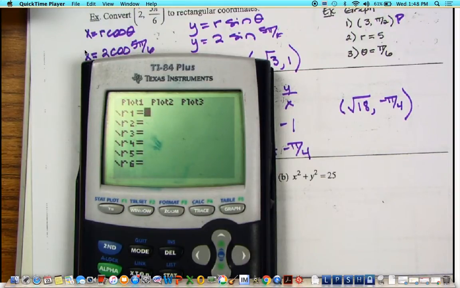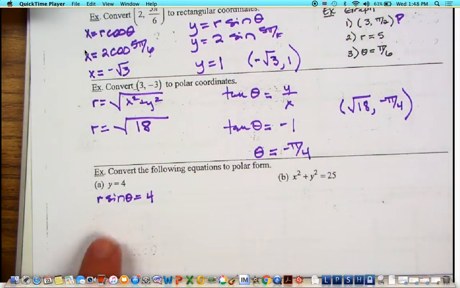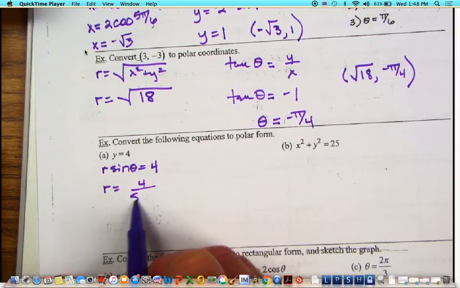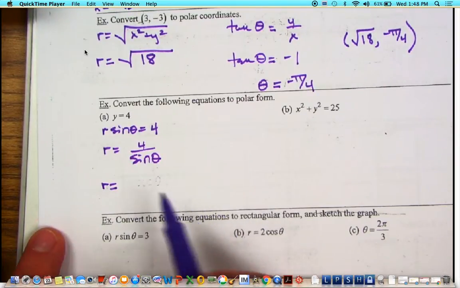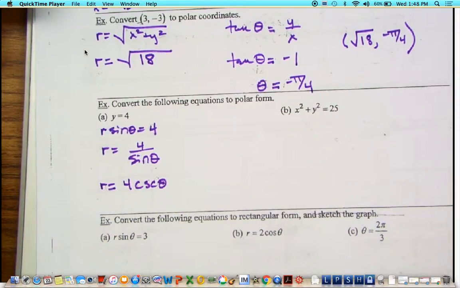So that's how you want to solve any polar equation. You just go to mode and switch it over to polar. All right, so if I want to solve this for r, I get that r is equal to 4 over sine theta, which you might also see written as 4 cosecant theta, right?